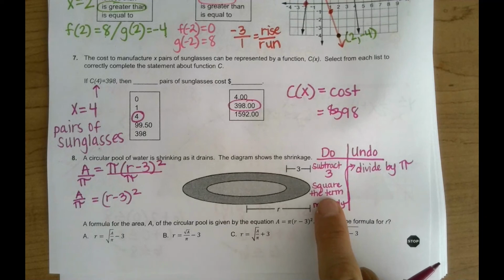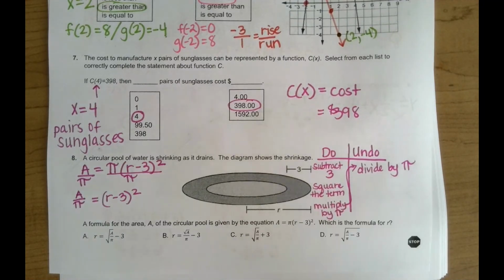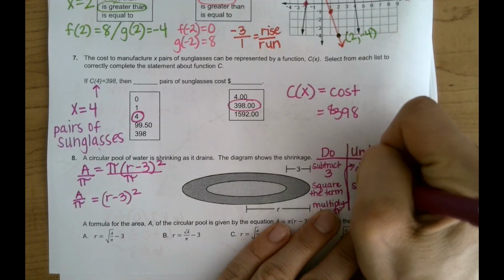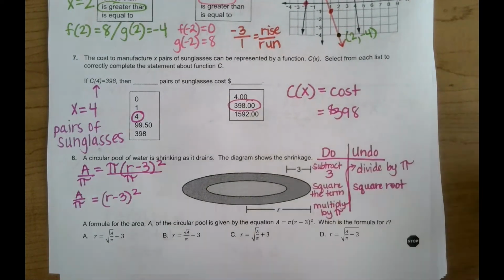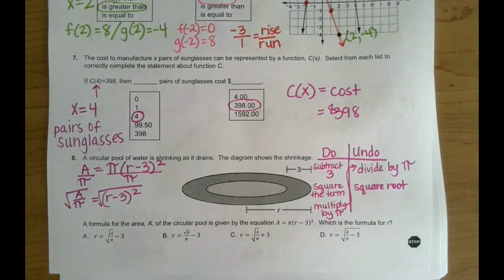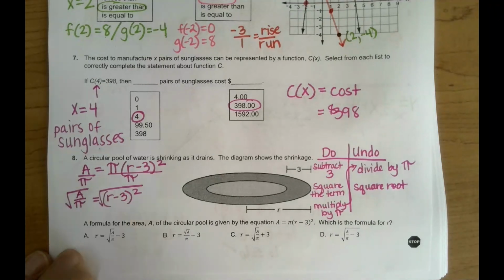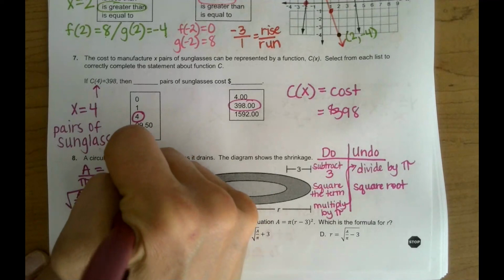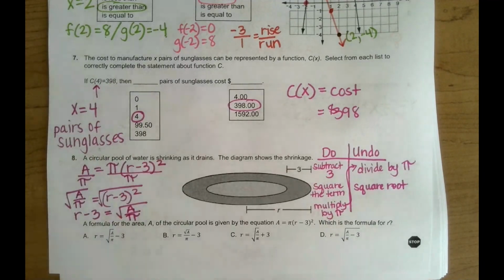Now, if the second step would be square the term, I have to do the inverse of square. I have to do the square root of the term. So square root both sides. And then I'm going to write this first, so I would get r minus 3 equals the square root of A divided by pi.